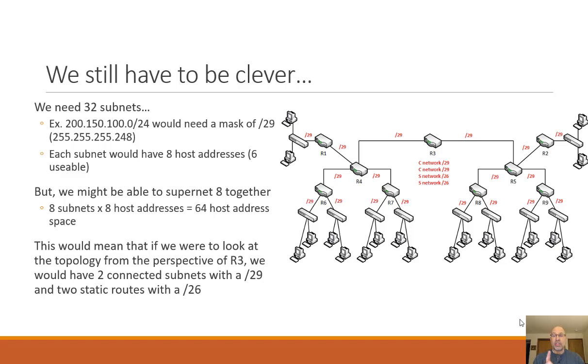If we take a look at the routing table that I provided for R3 here, you would have those 2 directly connected networks that are /29s, and then all of the other ones would be static routes, all via R4 or R5. And all of those could be aggregated together into /26s. So instead of having 18 routing table entries on R3, we might be able to get away with just 4.